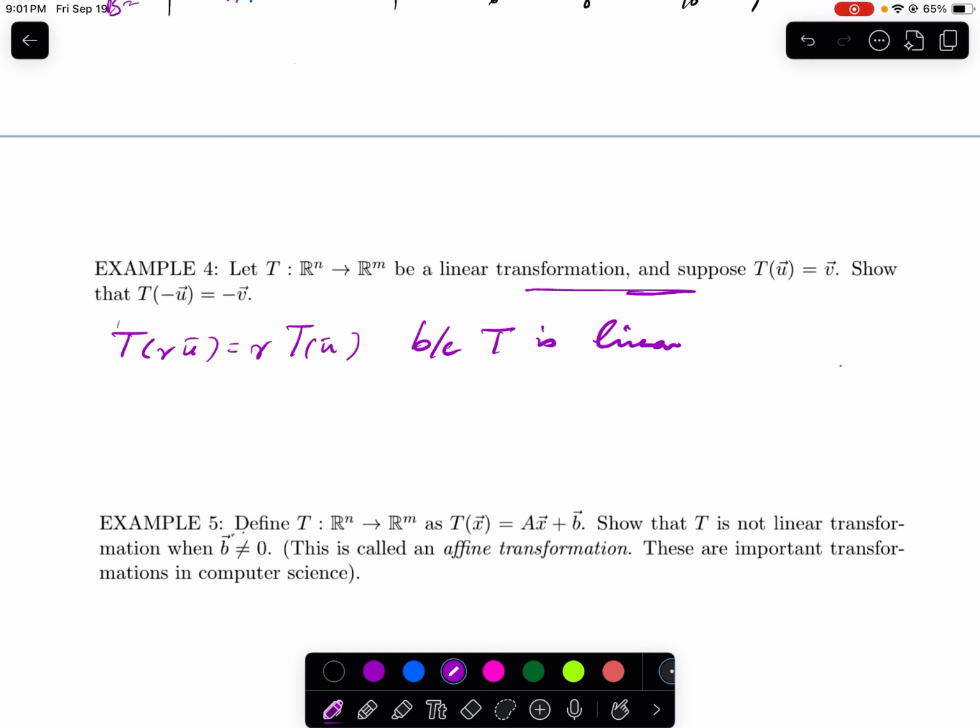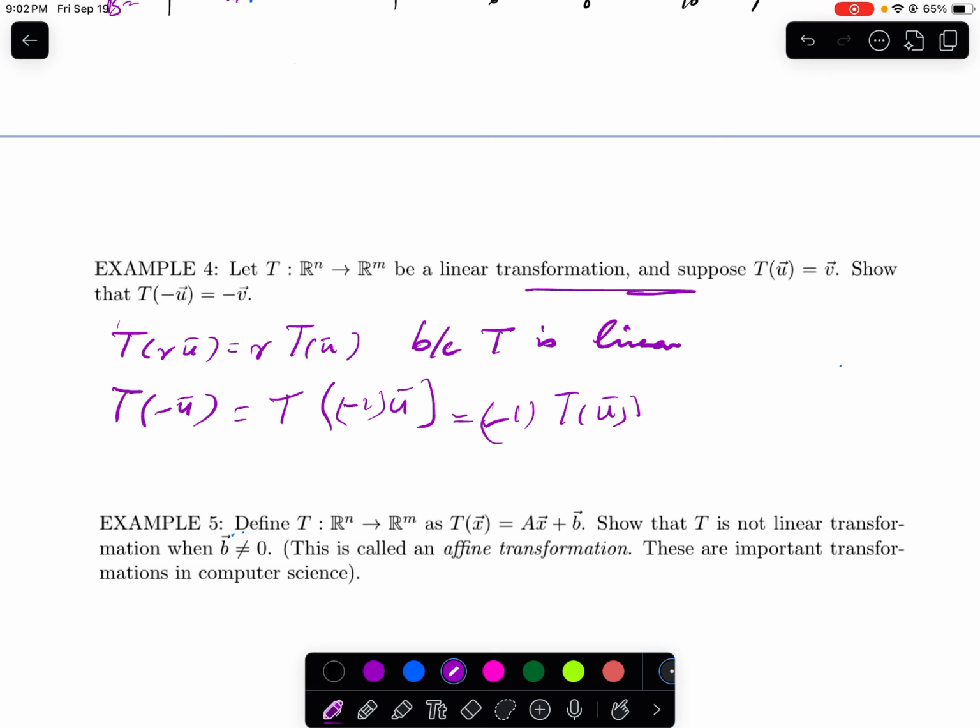Now T of minus u can be thought of as T of negative 1 times u. So negative 1 is the scalar r. This will be equal to negative 1 times T of u by the linearity property.